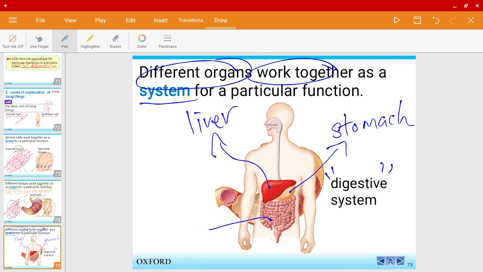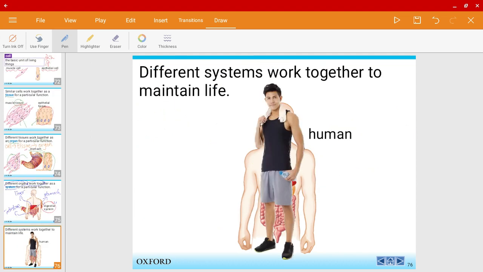You also have the intestine. So all of these are organs, and when they work together, you have the digestive system. So all these systems, for example, you have the digestive system, respiratory systems, so on and so forth. There are many different systems. We'll talk about them later on. They work together to maintain life of a human, to maintain life of us all.